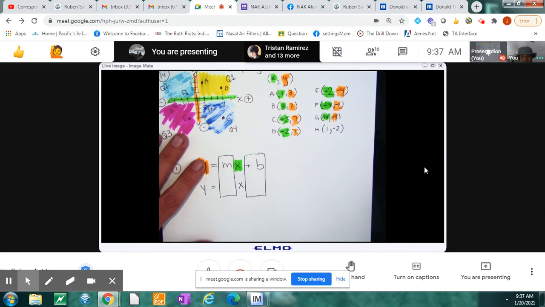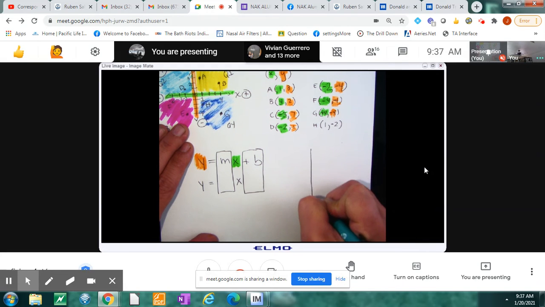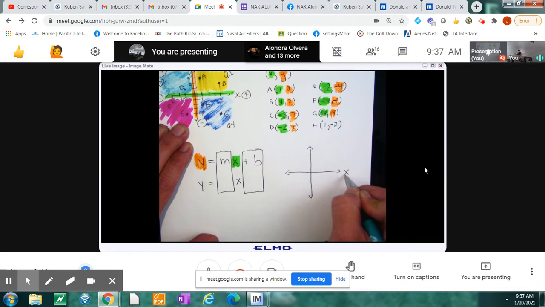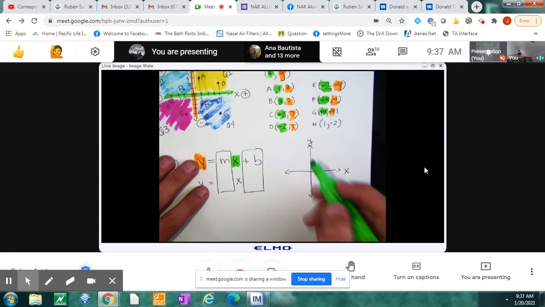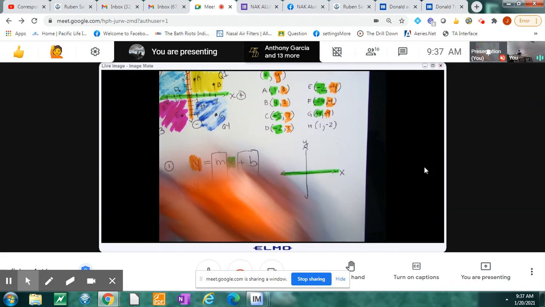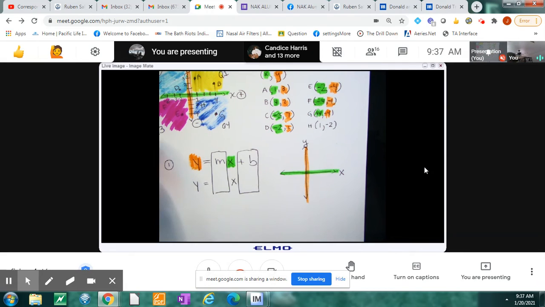Okay. So let's go ahead and draw a graph right here. Like that. And then here's your X and then here's your Y. But we don't have coordinates. We're trying to find those coordinates, but we don't have anything, right? So where's the line? So where do we start?